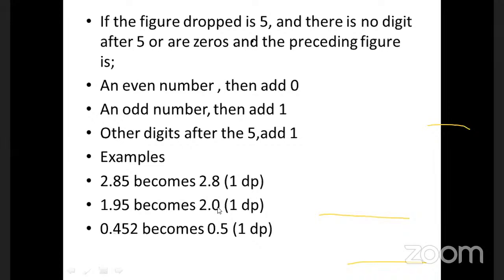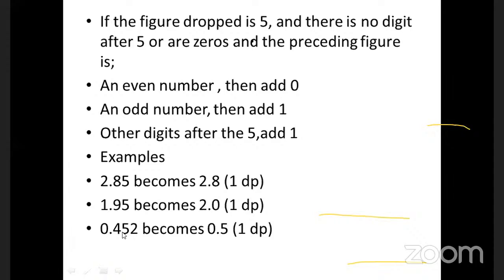Then now we have this last case. This last case is where we are supposed to also round to one decimal place. When we are to round to one decimal place, our preceding digit is what? The number in the required decimal place, which is 4. Then the number to be dropped is 5. Good.